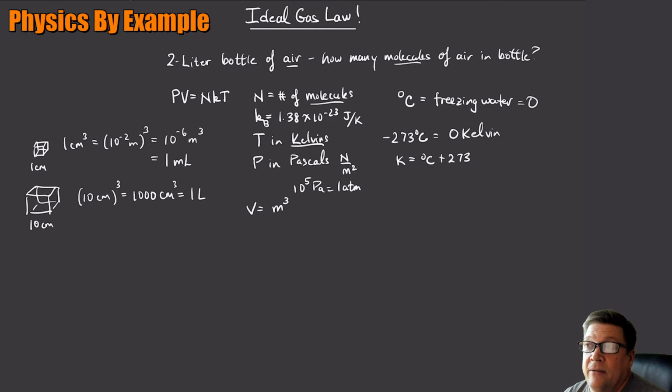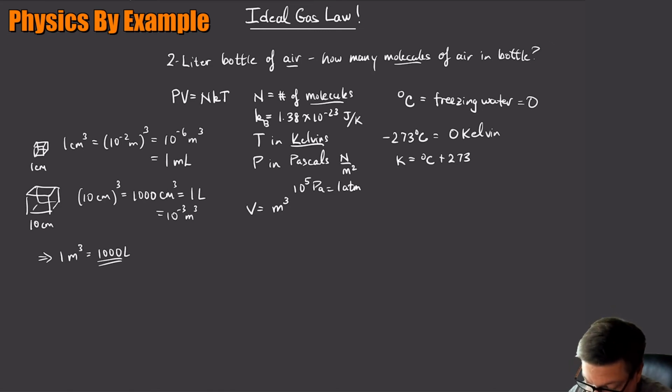And this is going to be 10 to the minus 3 cubic meters, right? So finally, if something is 1 meter on a side, a cubic meter, that's 1,000 liters.